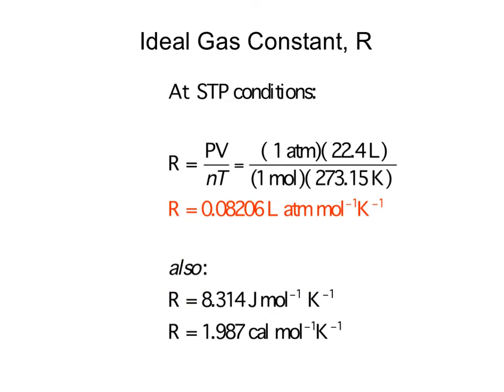Okay, so now what is the value of R? That's the constant. You take PV equals nRT and solve for R, so it'll be PV divided by nT. Now, if you use STP conditions, remember that standard temperature is 273.15 Kelvin, which is 0 degrees C. Standard pressure is 1 atmosphere.